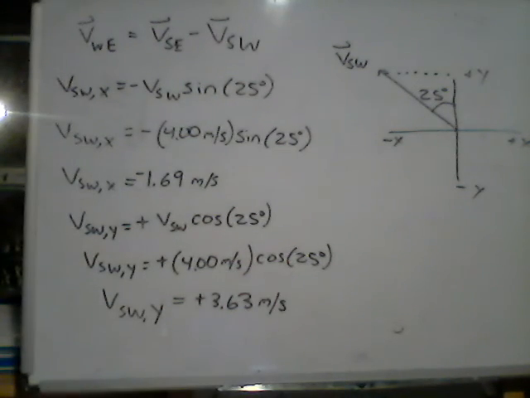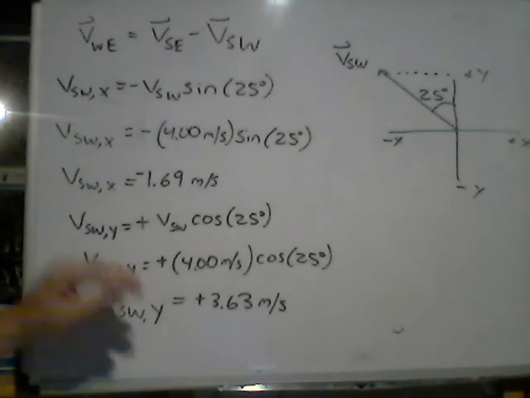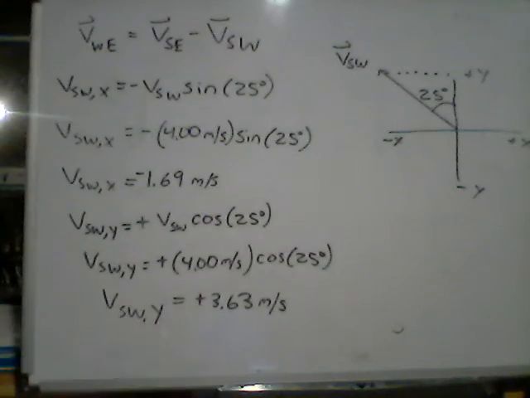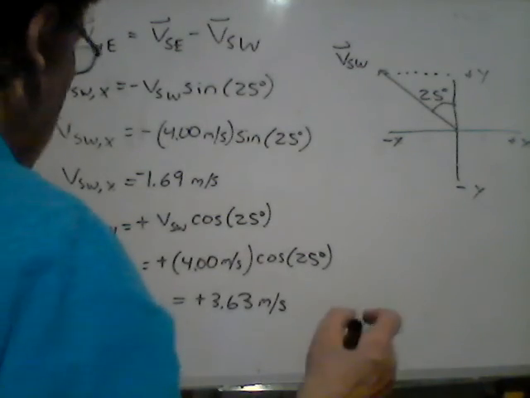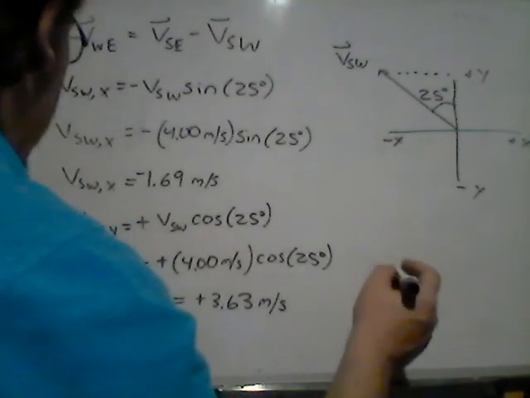Great, I have the components of V sub SW. So what I should probably just do is grab them and put them in a little parking lot. Let's park this here.